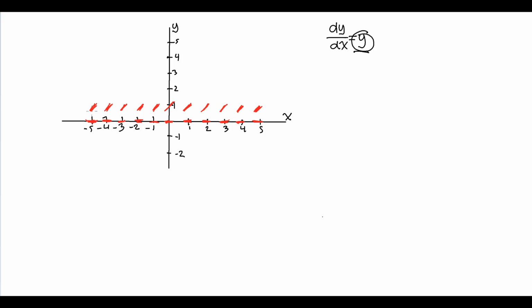The same can be said about -1. Every point with y-coordinate -1 will have a slope of -1.